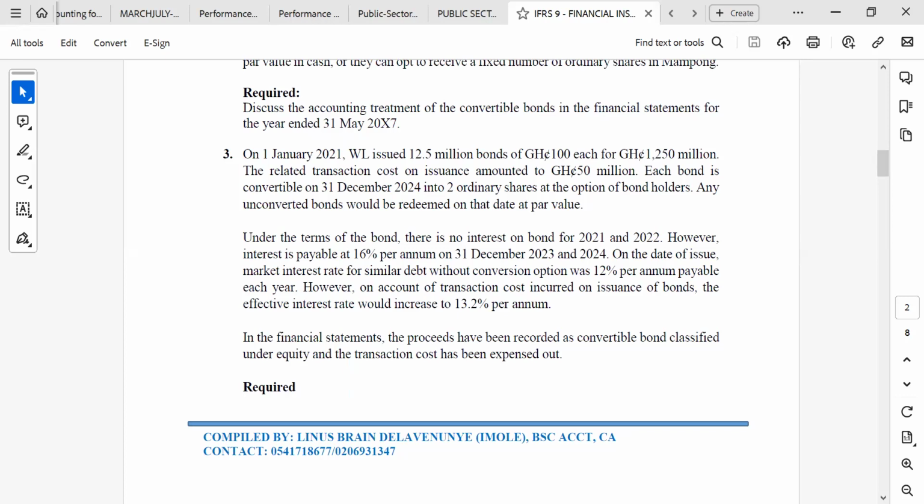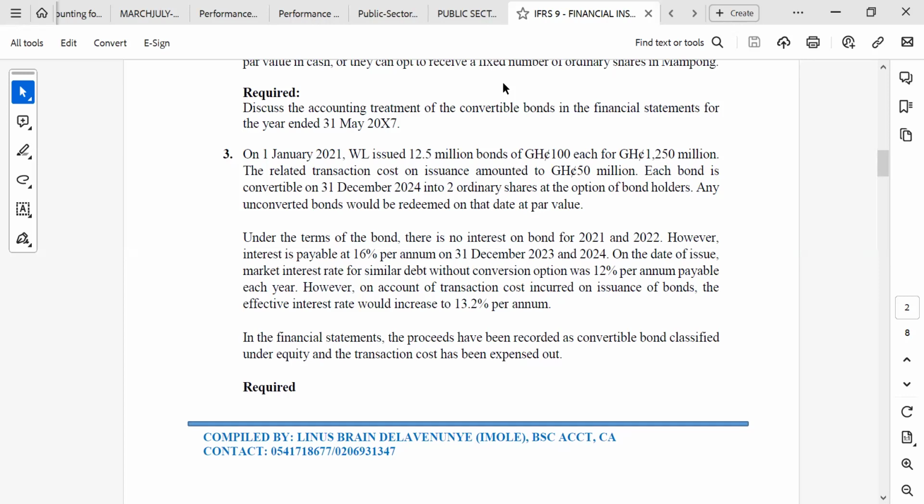Any unconverted bond will be redeemed on that date at par value. Under the terms of the bond, there is no interest on bond for 2021 and 2022. However, interest is payable at 16% per annum on 31st December 2023 and 2024.